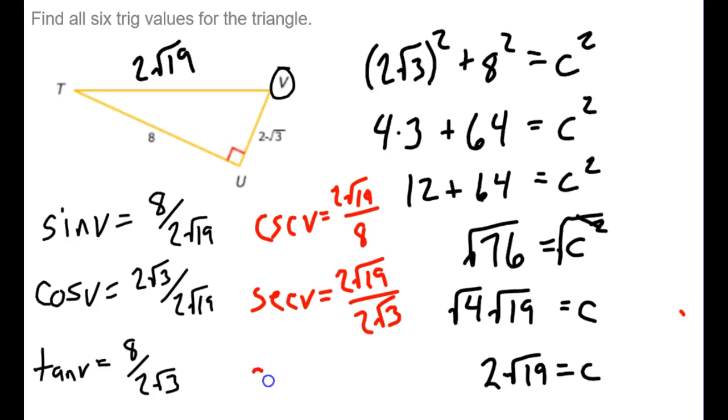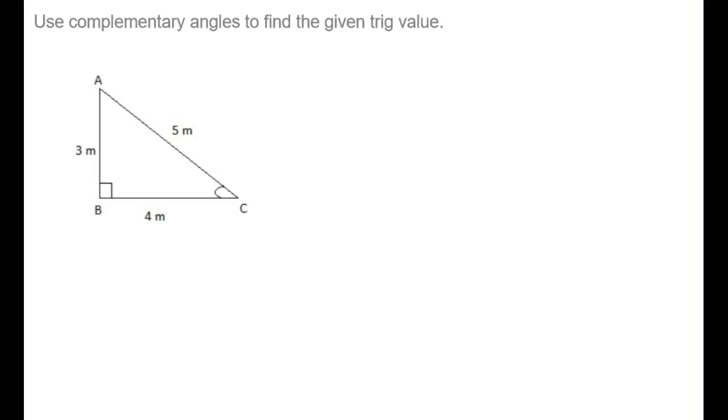And then the cotangent of V is equal to 2 radical 3 over 8. So these are the 6 trig ratios for angle V. Like I said in the last example, we could also find the 6 trig ratios for angle T as well. To end this lesson, we're going to discuss complementary angles and use them to find trig values.